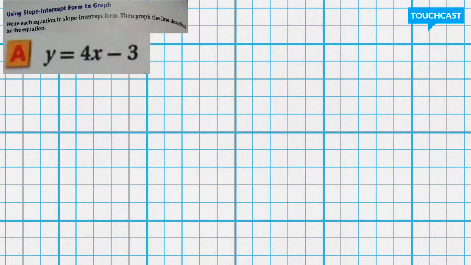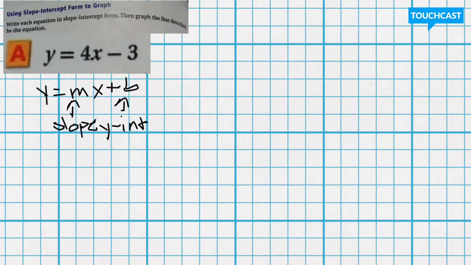So remember, slope-intercept form is always in the form y equals mx plus b, where m is the slope and b is the y-intercept. So we need to identify what number is in place of m and b.